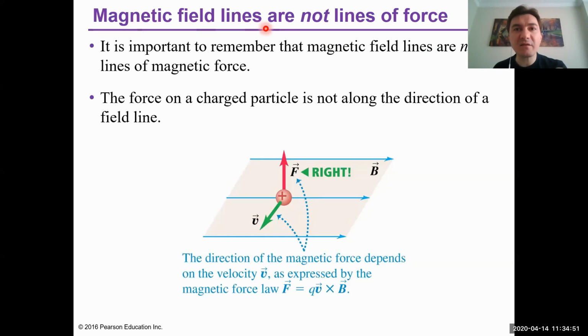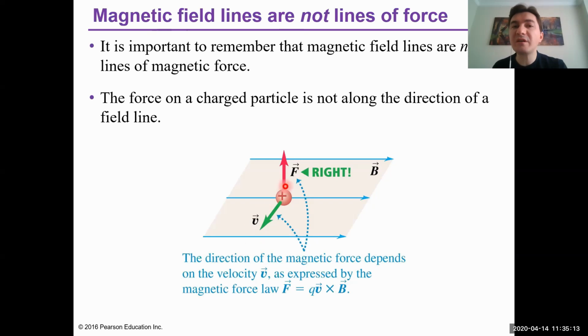Magnetic field lines are not lines of force. This is very important. Don't forget this one. So this is the magnetic field direction, okay? Uniform magnetic field. And this is the velocity of a positively charged particle.